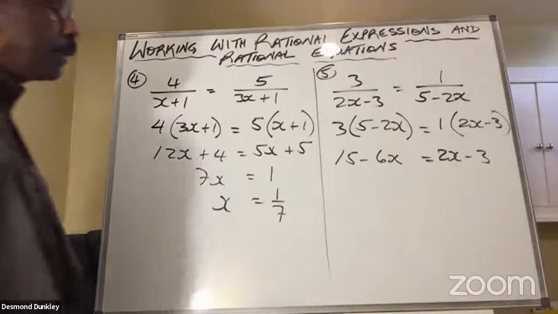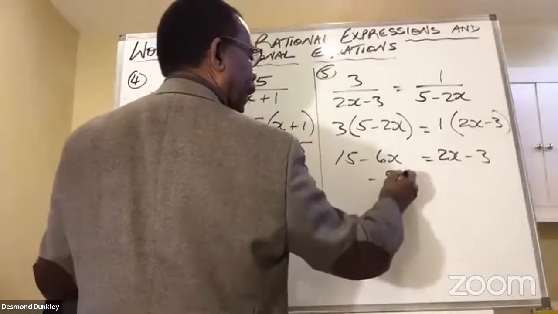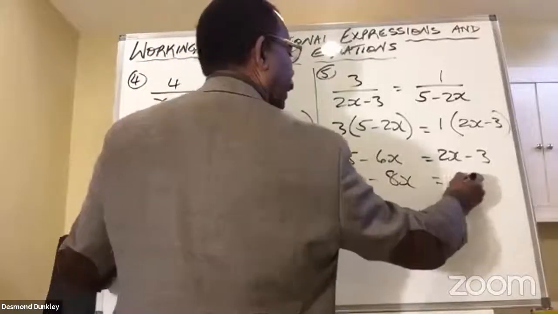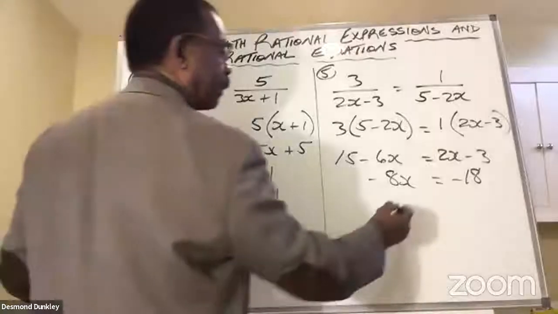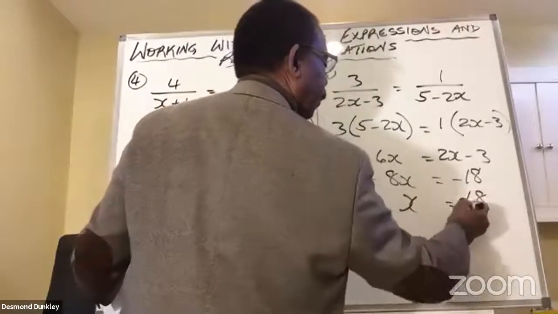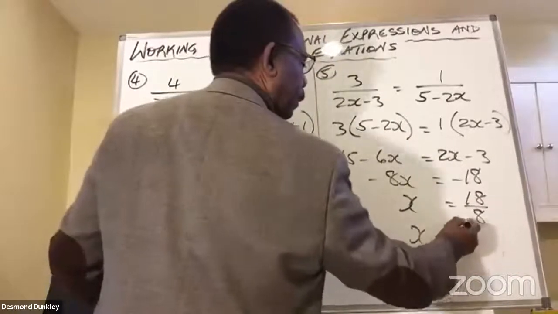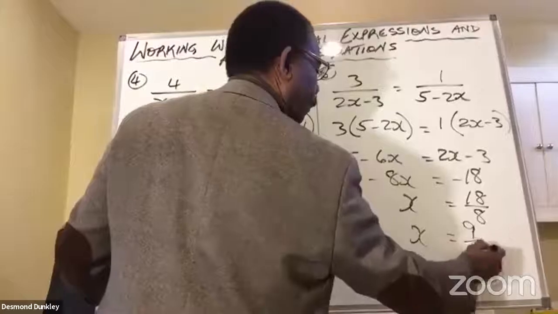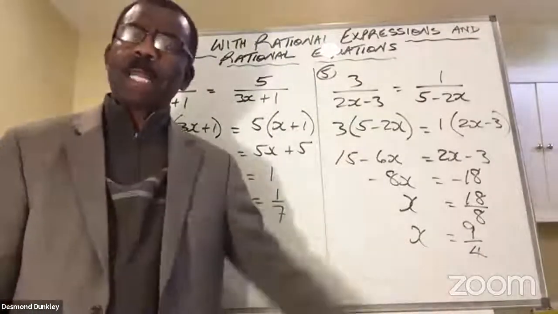Combine like terms. So we could bring this over here. We end up with negative 8x equals negative 18. And then we divide both sides by negative 8. We end up with x equals 18 over 8, or x is equal to 9 over 4. Don't give a decimal, just leave it as a fraction.